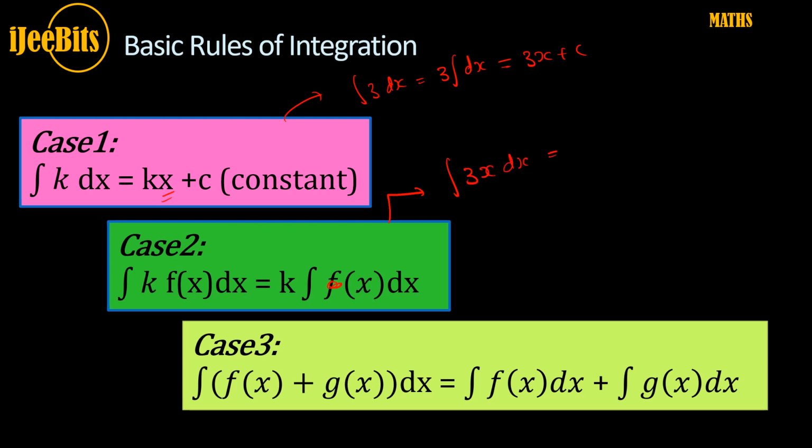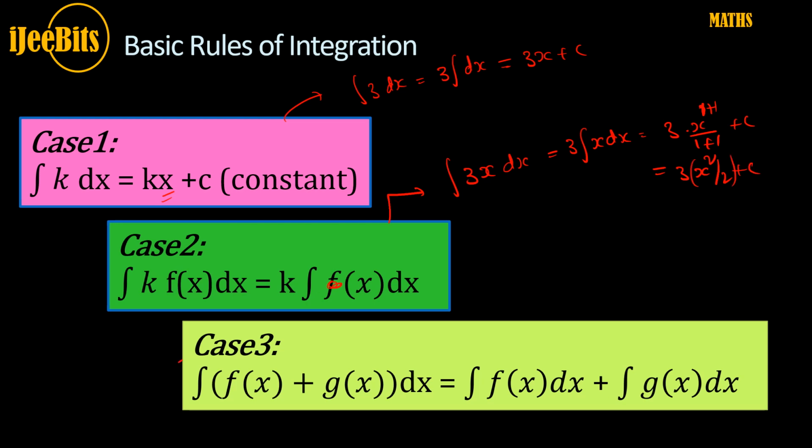How are we doing this one? You take 3 out, and x dx. You know what is meant by x dx: x to the power of n plus 1, so 1 plus 1 by 1 plus 1 plus c. So 3 times x to the power of 2 by 2 plus c. Correct? This is the solution.